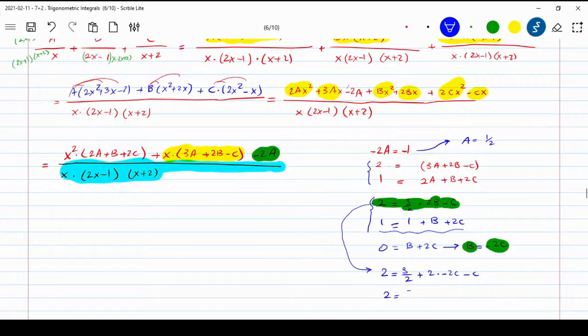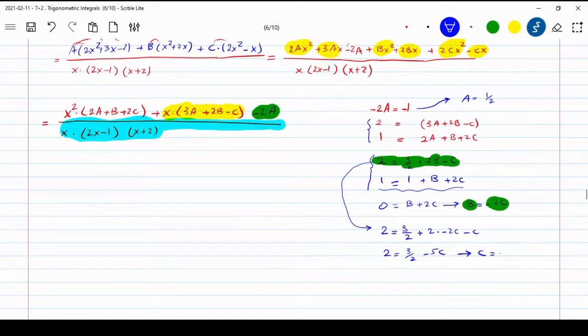So 2 equals 3/2 plus negative 4c minus c, so it would be minus 5c. So you can find c simply by subtracting 3/2 and dividing both sides by negative 5. Therefore c would be 1/2 divided by negative 5, which is negative 1/10. If I find c, I can answer what b is. b is negative 2 times c, so b would become 1/5.